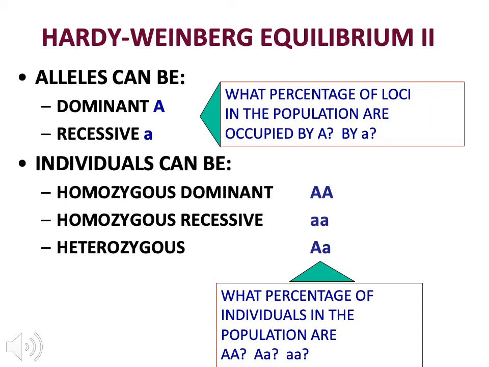If I know how many loci are occupied by the dominant A and how many are occupied by recessive a, I should be able to compute the percentage of individuals in the population who might be homozygous dominant, who might be homozygous recessive, or who might be heterozygous.